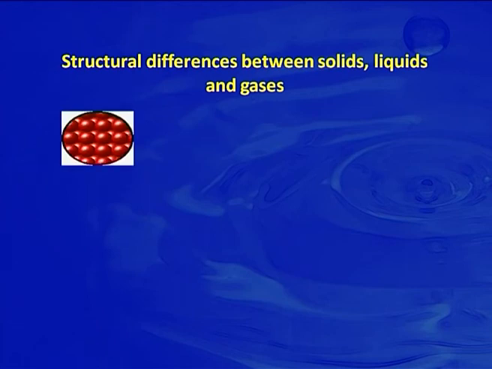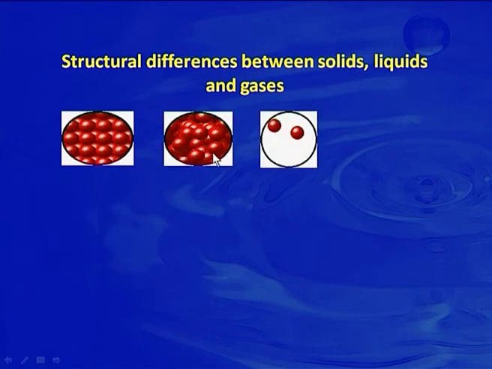Here is another picture which can easily differentiate all three states, that is liquid, solid and gas. Here the first picture is solid. Look at this picture. The solid molecules only vibrate, they can oscillate, they cannot move, only vibrate. The second picture is of liquid.